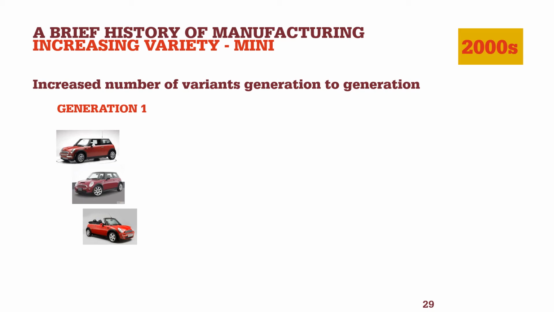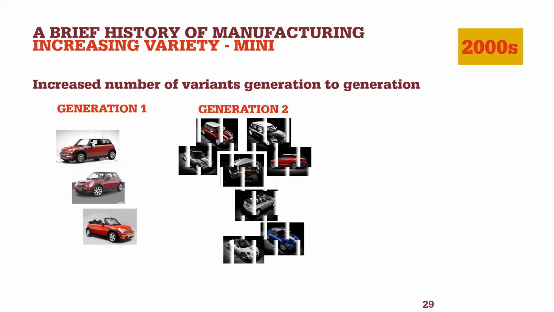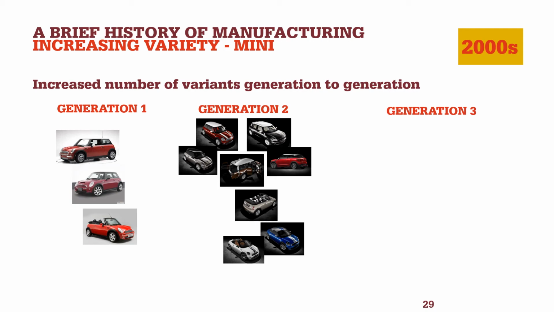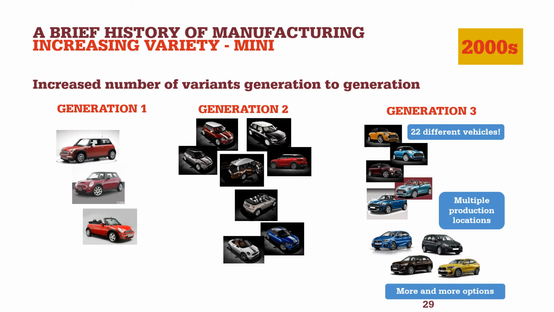And of course each version was, like its BMW cousins, available with lots of options, but it was only those 2 or 3 basic varieties. By the time the 2nd generation came along, the number of body variants increased to 8, and with the 3rd generation, my Mini colleagues tell me that over the full life cycle of that vehicle range, there'll be 22 different vehicles, including BMW 1 and 2 series models built on the same basic structure.